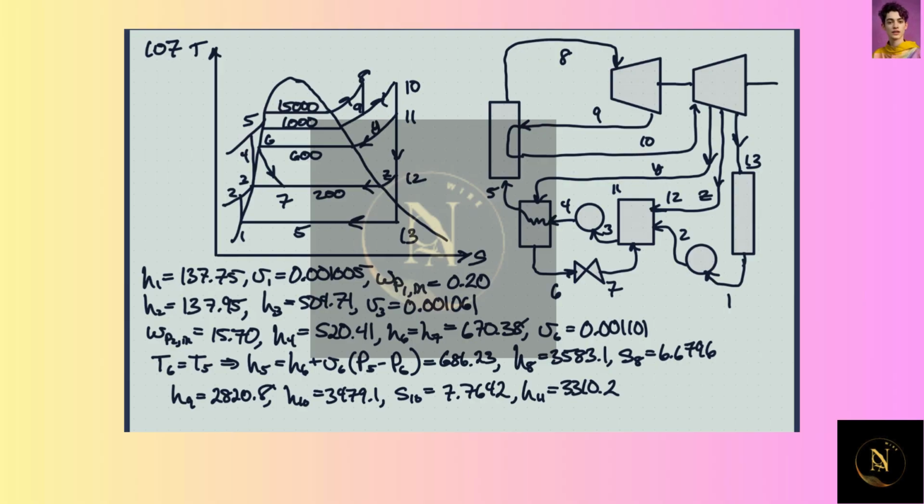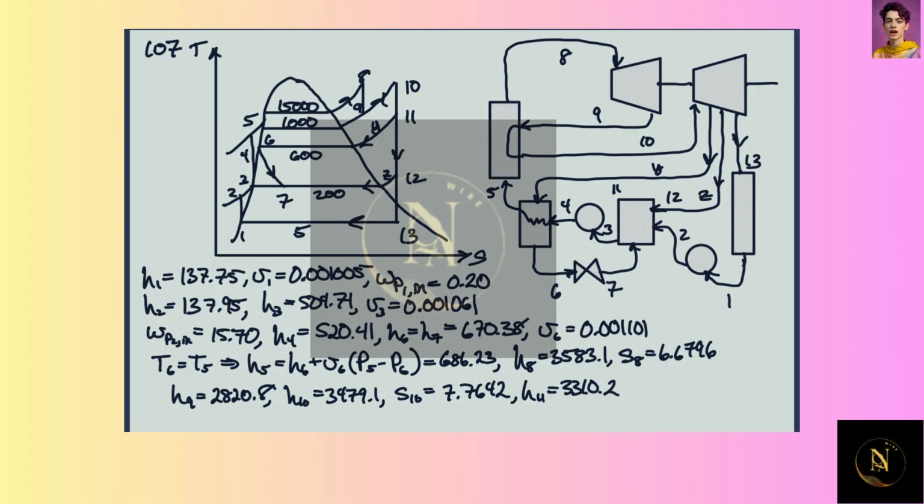So we want to analyze. We can look at this low pressure pump. We get an enthalpy and specific volume. We know the pressure change, so we can get the specific work into the pump, and that means we can get the specific enthalpy coming out of the pump.